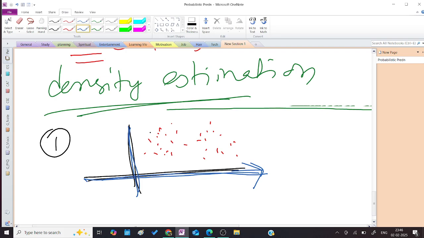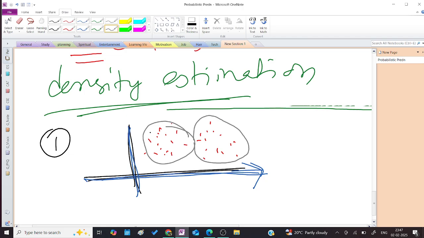But if we leave everything to the model to guess the unique features, it is also known as knowledge discovery, right? Then the model itself will try to find out the similarities in the data set. So the model may guess that this can be one cluster and this can be another cluster.